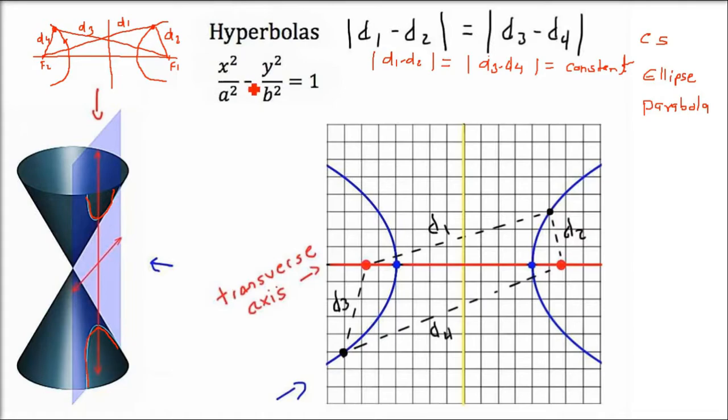Okay, now let me tell you the formula. We have learned about ellipse. The formula of ellipse was x square by a square plus y square by b square equals 1, where a was the major axis, b was the minor axis, and x, y is the locus of that point.